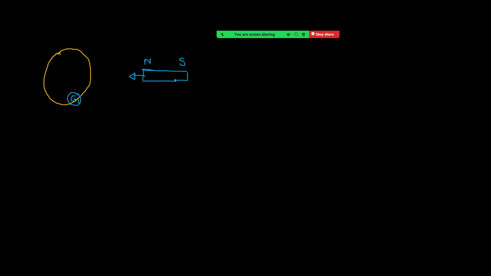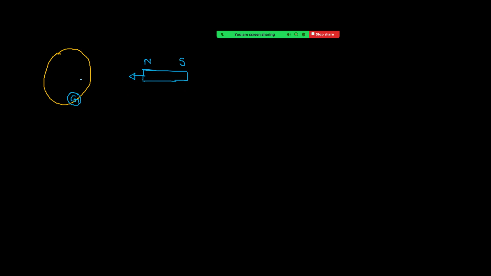Now, if the same magnet is moved away from the coil, then they observed that the deflection is opposite. That means the direction of current is opposite to the previous direction. So first of all, we are moving the magnet without moving the coil.